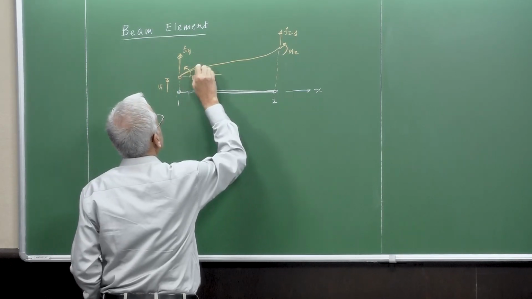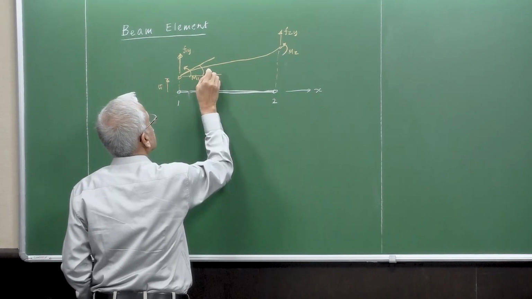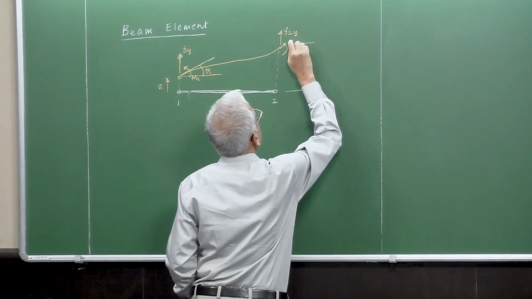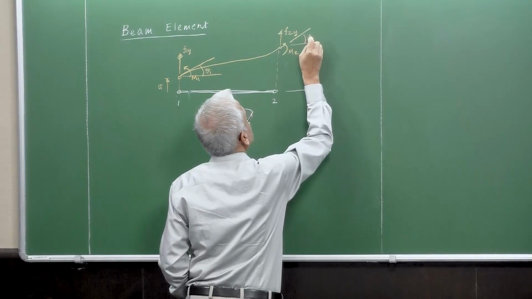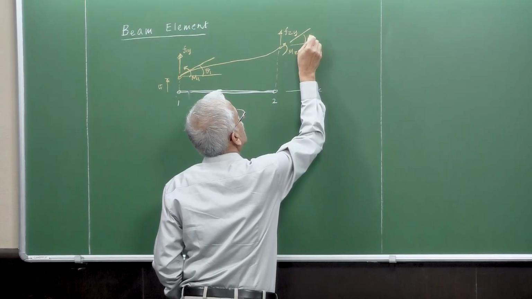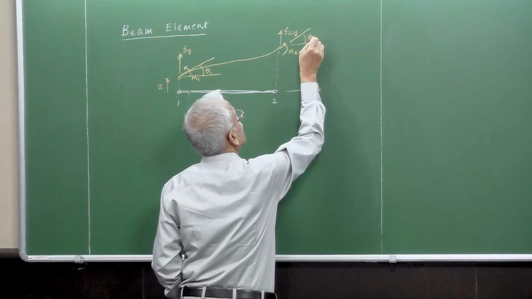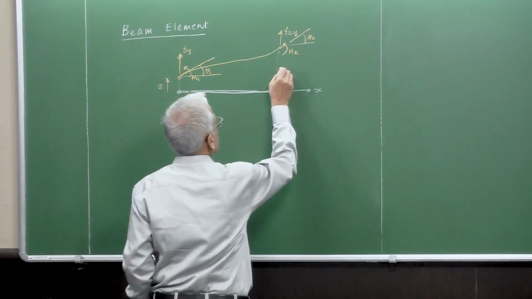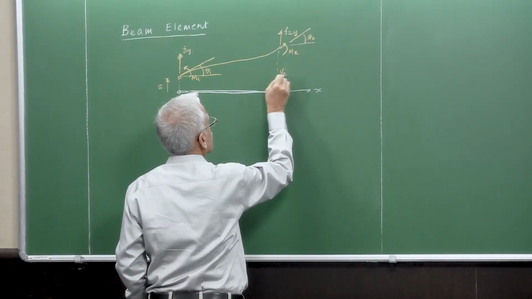So slope is measured like this, theta 1, and theta 2. So here V1 and then this is V2.